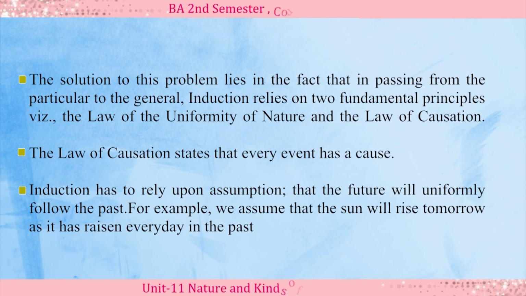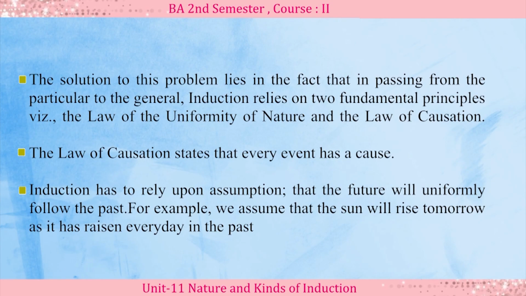The other is the law of causation. The law of causation says that every event has a cause. Without a cause, nothing can happen. If something is happening, some cause must be there, and because of the presence of that particular cause only, that event happened.